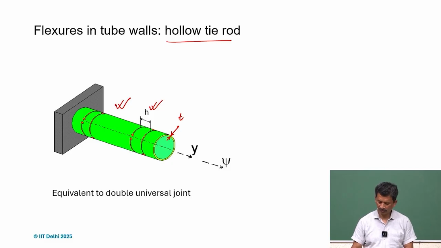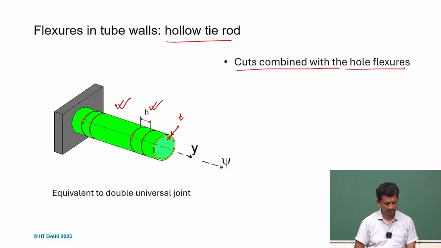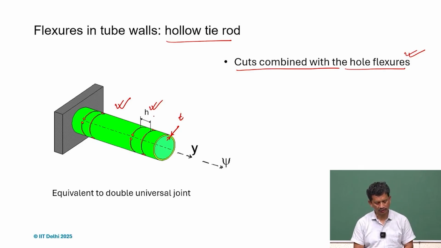What we have done here is make cuts, soft cuts, and we can also use hole flexures in this case, and between the two sections we also create a width h.